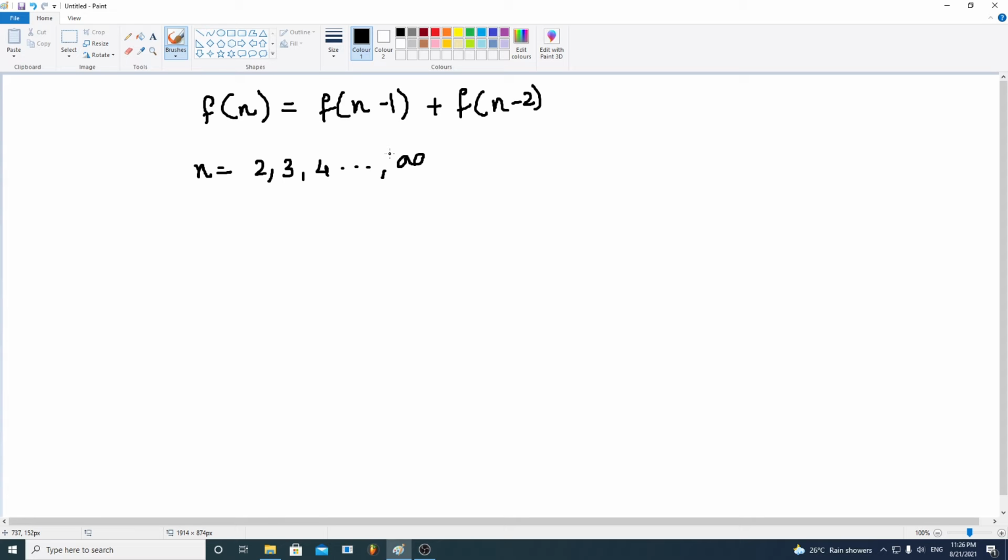Then a question might have arisen in your mind. Where is 0 and 1? That is what we actually define in a particular set of functions. These are the prerequisites for the set of equations, where we predefine the values of 0 and 1. We have f of 0 is equal to 0 and f of 1 is 1, which is very similar to A and B in our Java code.